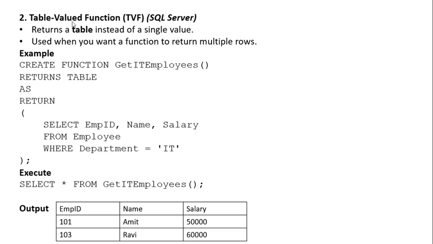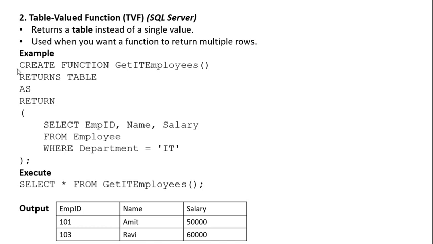Second is the table valued function, or TVF, used in SQL Server, which returns a table instead of a single value, and is used when you want the function to return multiple rows.